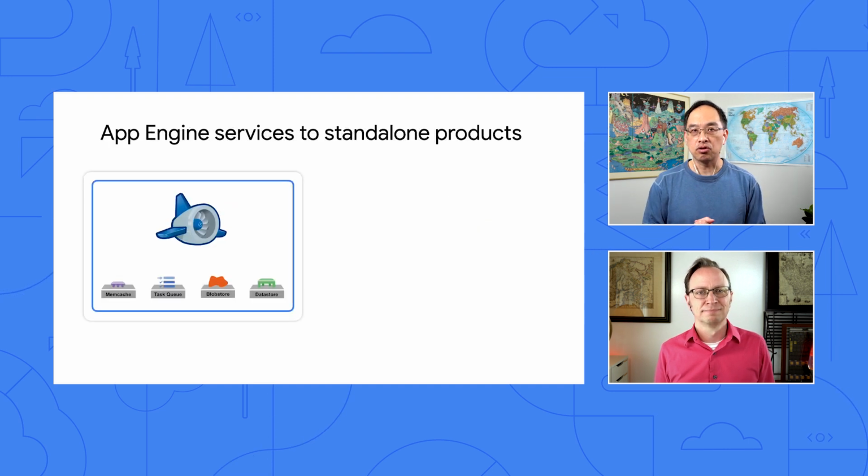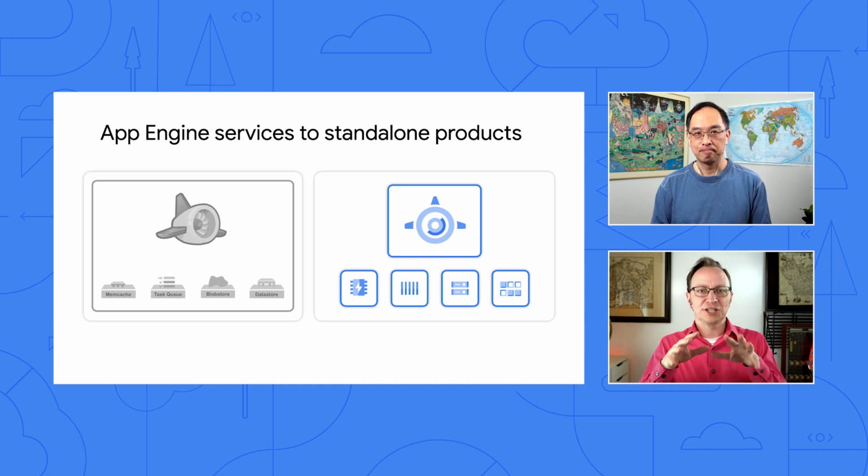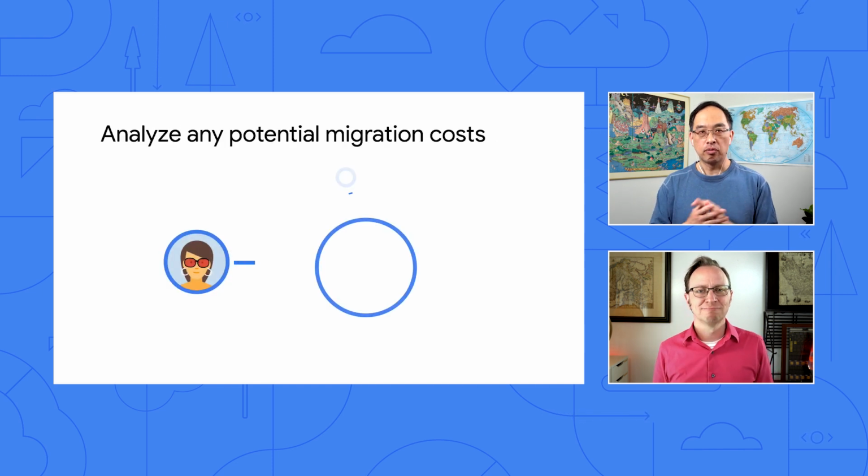Also, many of App Engine's original services have matured to becoming their own standalone cloud products anyway, and it's really where all the new features are going. So migrating lets users take advantage of their continuing innovation. Okay, I understand the tech implications, but before the main content, what can you say about cost? Yes, it's true, Martin.